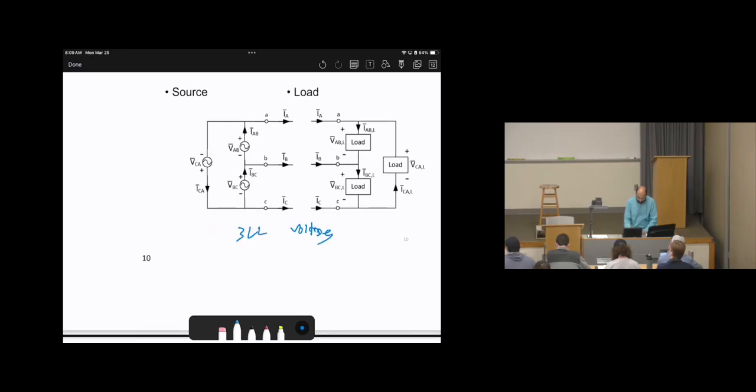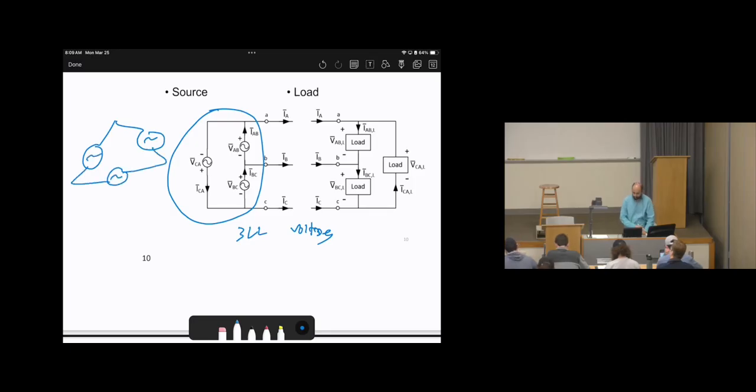Delta again can be drawn like this shape, or it can be drawn as a delta shape. Okay? So the neutral does not exist. Therefore all of the voltages that we have are VAB, VBC, VCA.